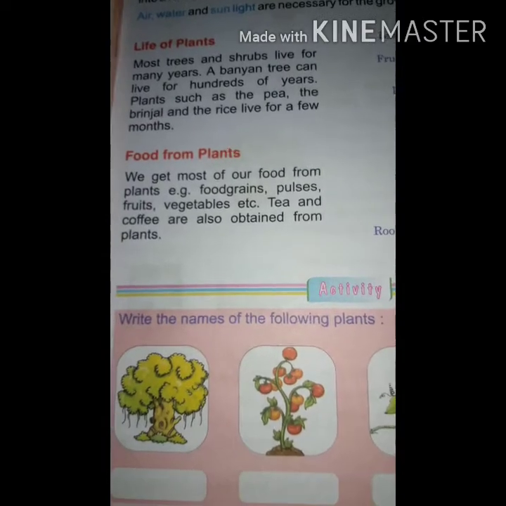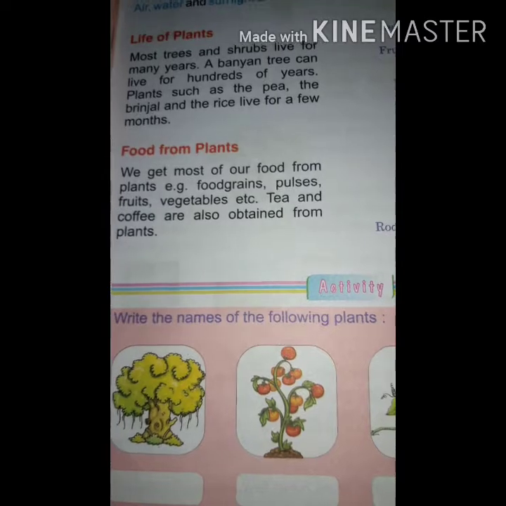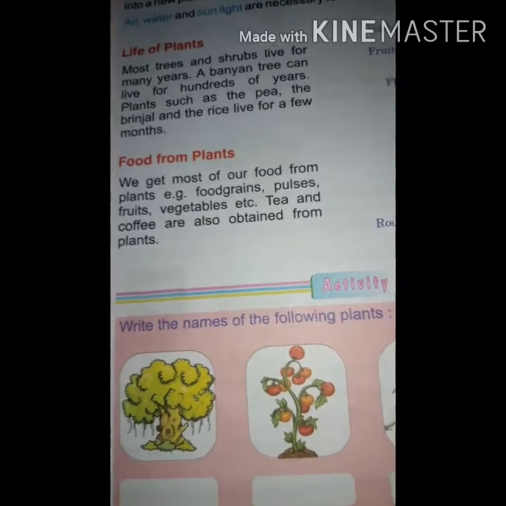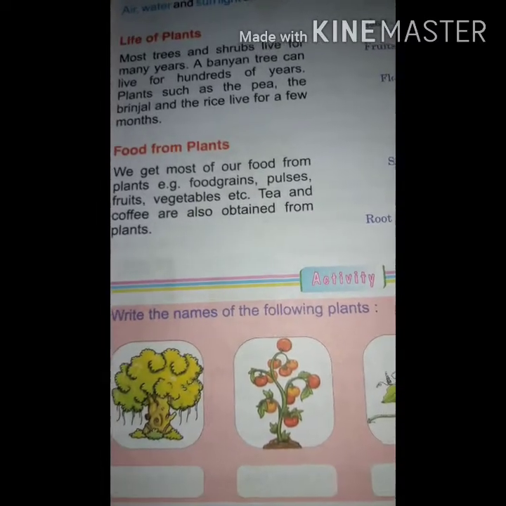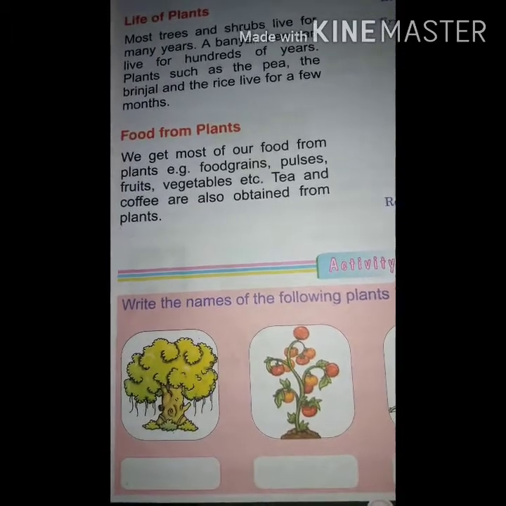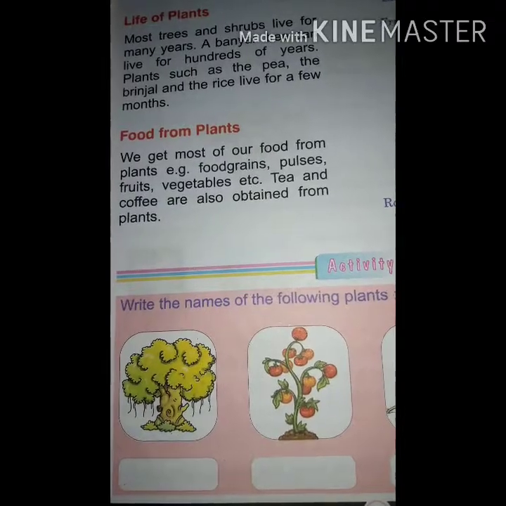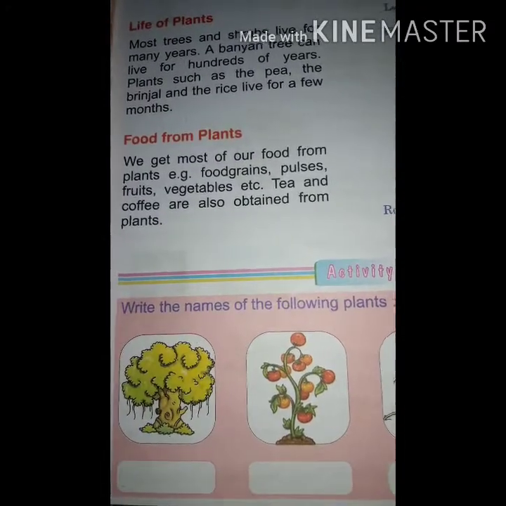Now we will discuss the life of plants. Most trees and shrubs live for many years. A banyan tree can live for hundreds of years. Plants such as the pea, the brinjal and the rice live for a few months.